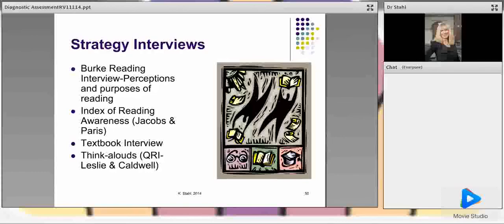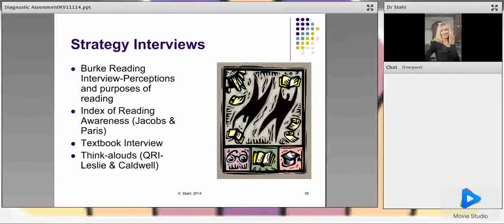An Index of Reading Awareness, which actually gets children to apply certain strategies and talk about what strategies they typically use during reading. There's a textbook interview, which is fairly painless to administer, and it has a place for narratives and informational text.